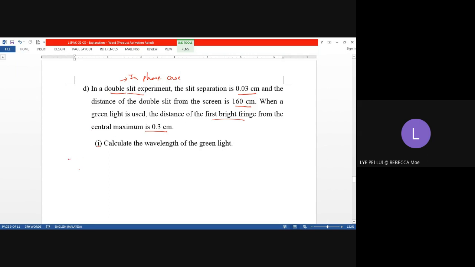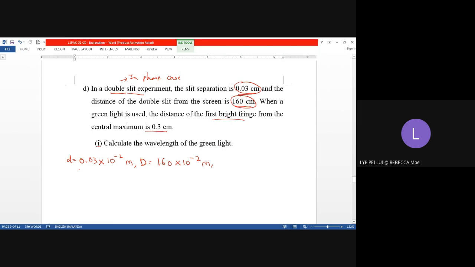So I have d equals 0.03 cm. Straight away I convert to meter: 0.03 × 10^-2 meter. Then the distance D from the double slit to the screen is 160 × 10^-2 meter.